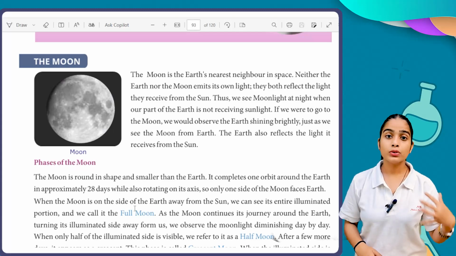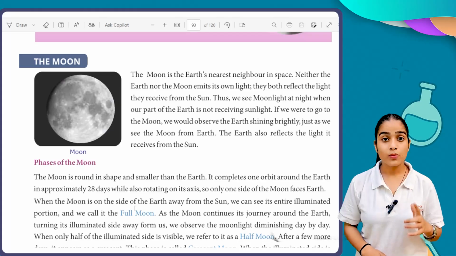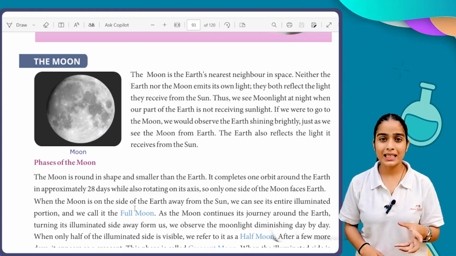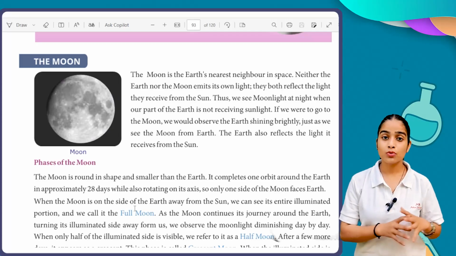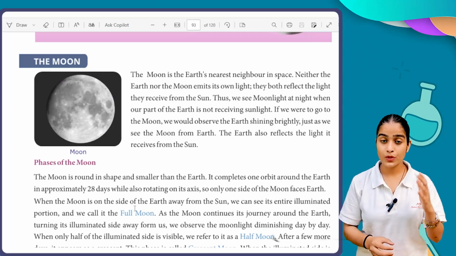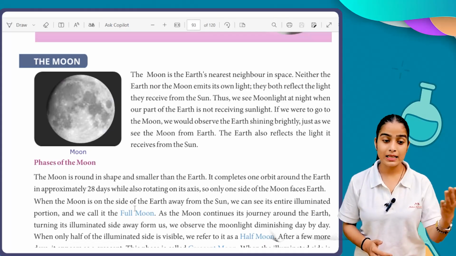If you go to the moon, you will observe that your Earth also shines like your moon, just because it is also taking light from the sun. So basically all the planets don't have their own light. They take light from the sun, and that helps them shine brightly like the moon.